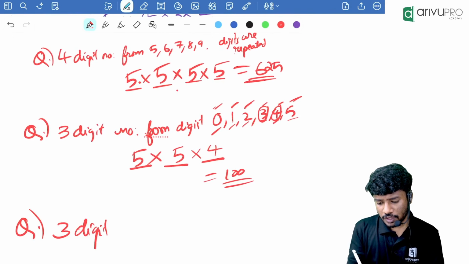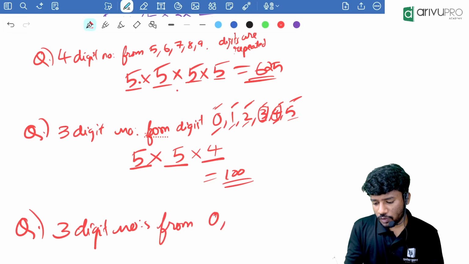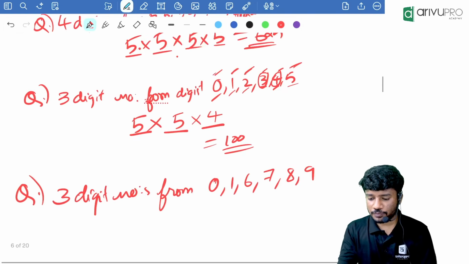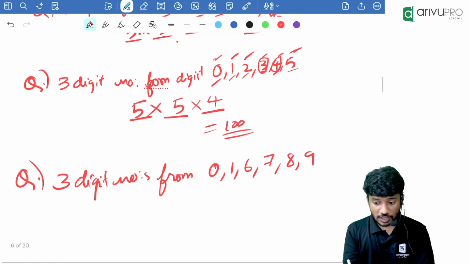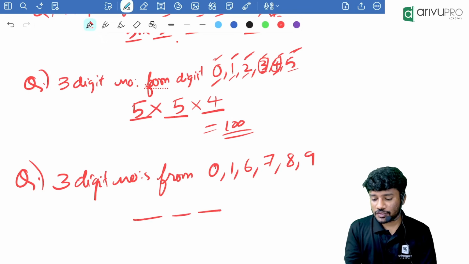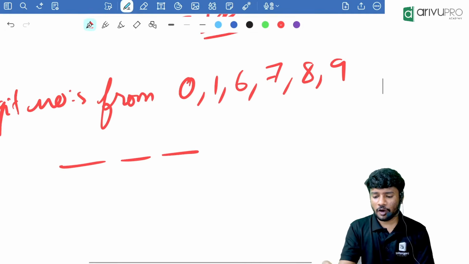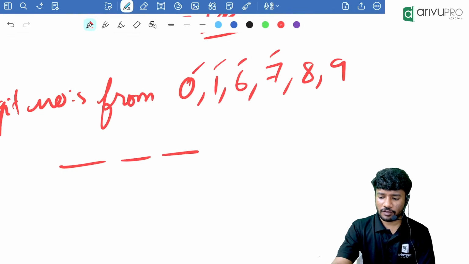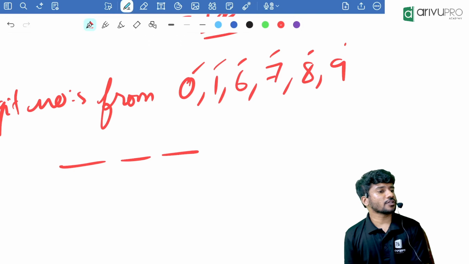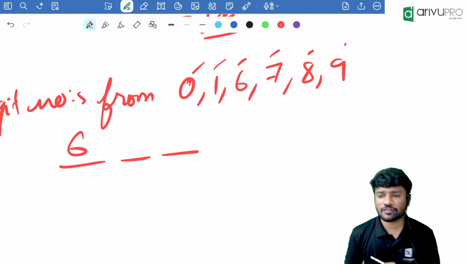3-digit numbers from 0, 1, 6, 7, 8. Now people, how many digits are there in total? 1, 2, 3, 4, 5, 6 are there in total. Can everyone sit in the first place?